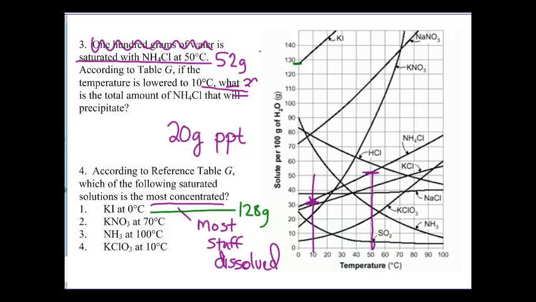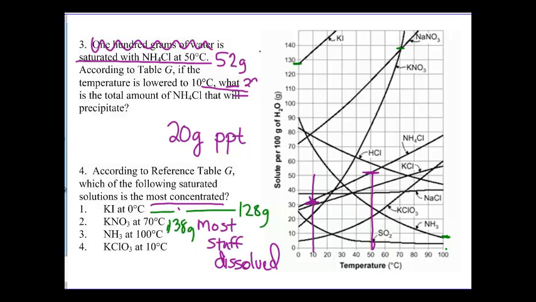Okay, KNO3 at 70. 70 KNO3. Whew, that's even more. What would we say? That's about 138, maybe? 136, 137? Looks like more. I'm going to say 138. NH3 at 100.